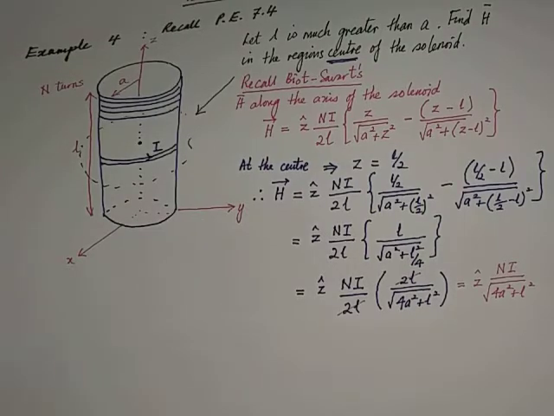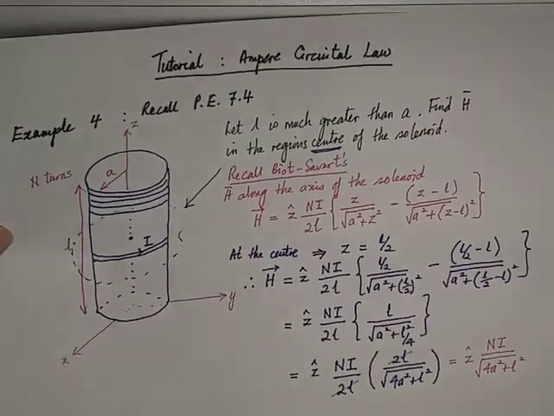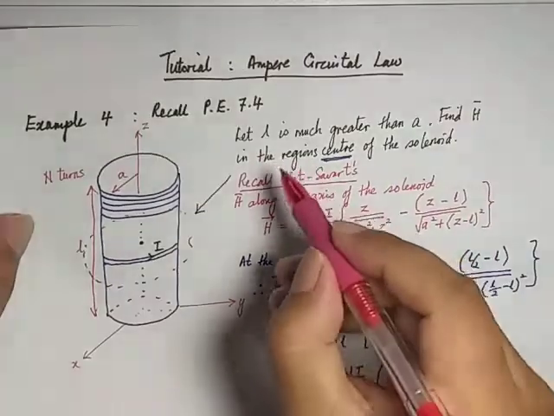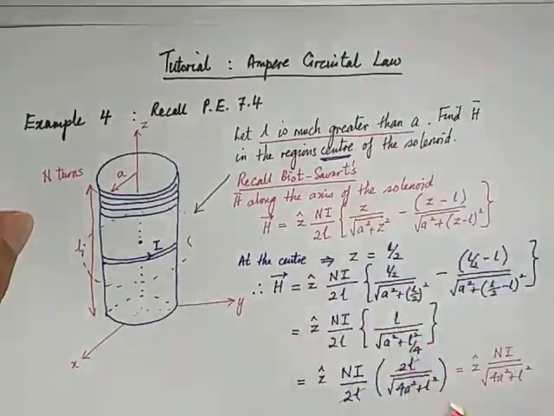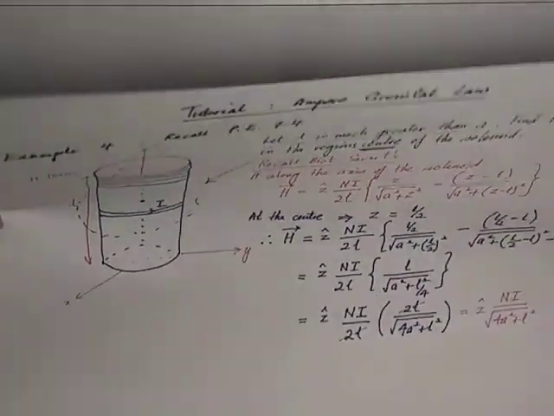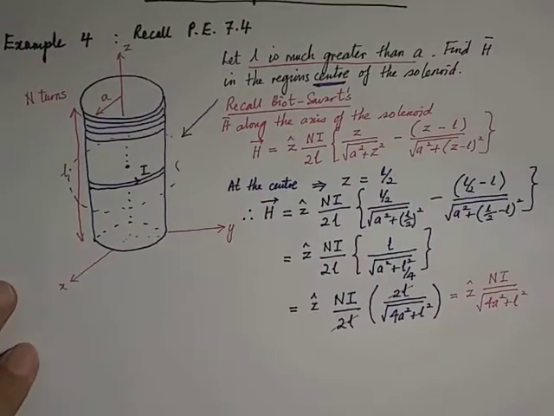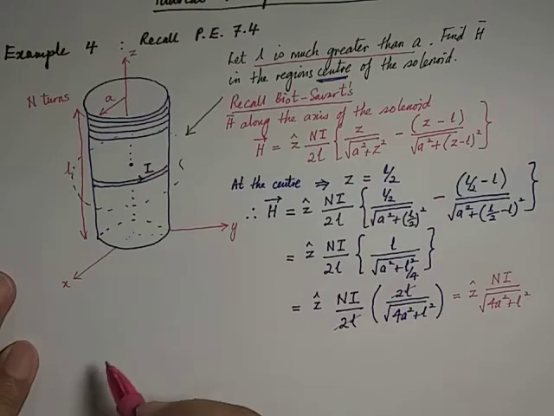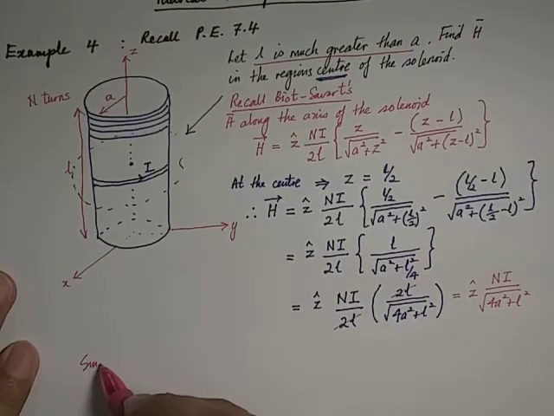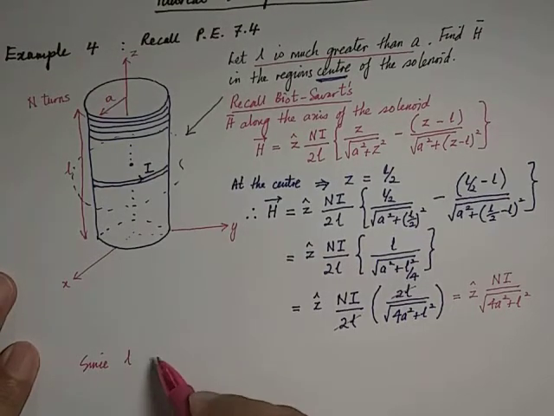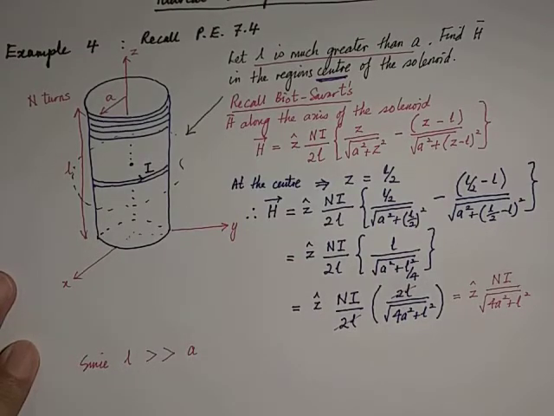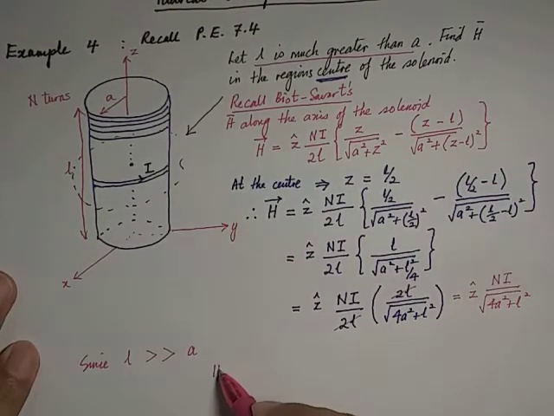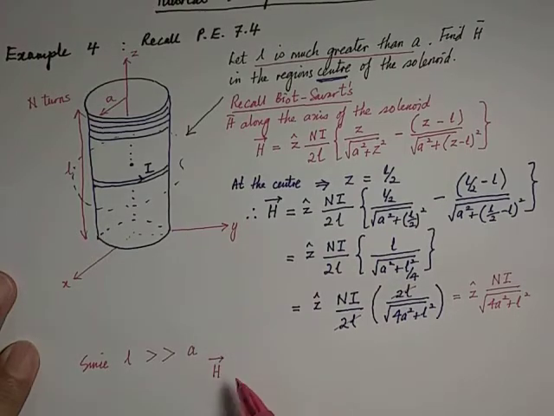Okay, so now we're going to go back to the definition given by the question. Since L is much greater than A, that's what we're going to put into our solution. So now our H will become what?